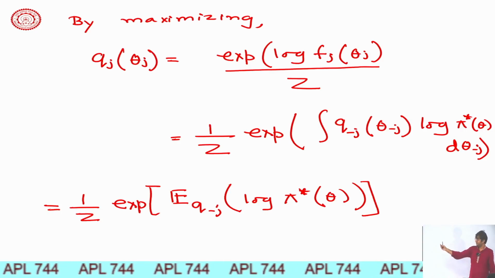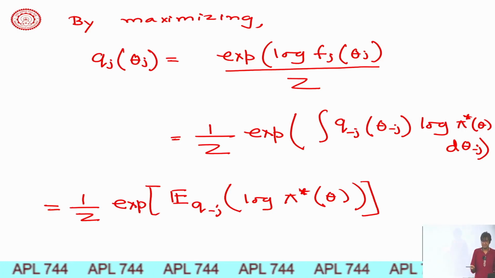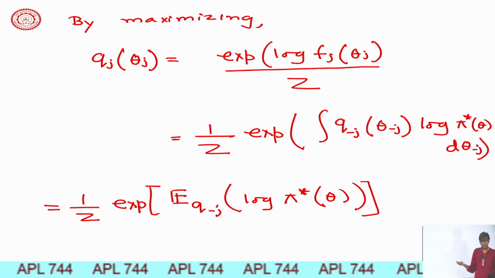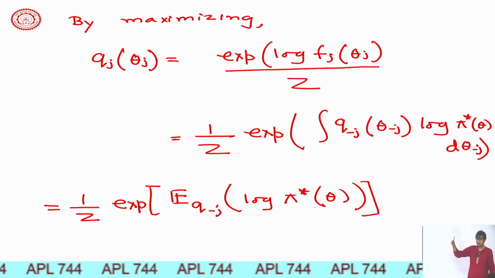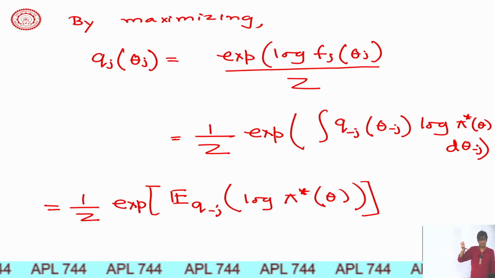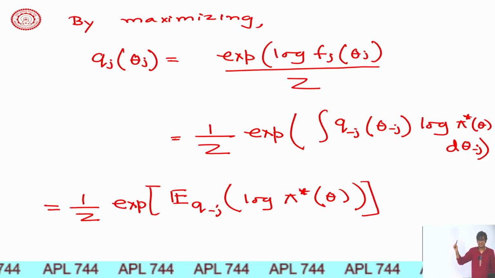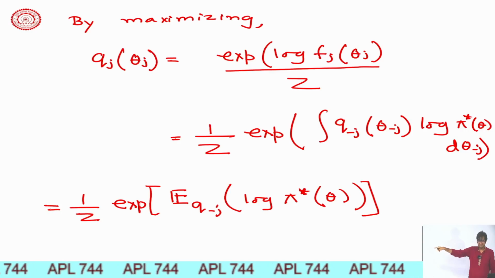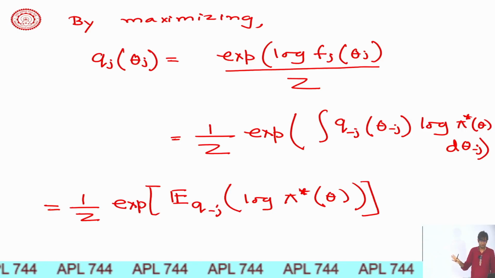So what are you doing inside the bracket? You are taking the expectation, the mean of the unnormalized distribution, while considering every other q to be fixed. That's why the name mean field approximation, because you are taking the mean of the target to arrive at q.